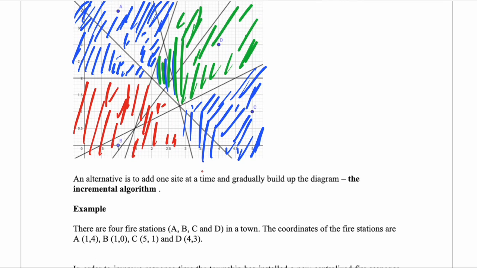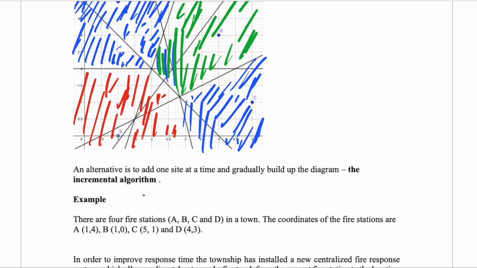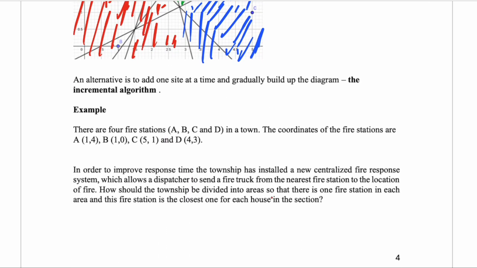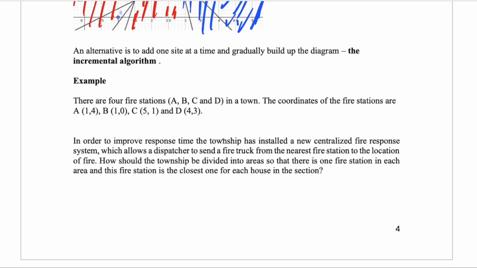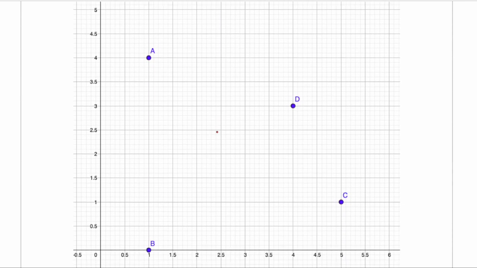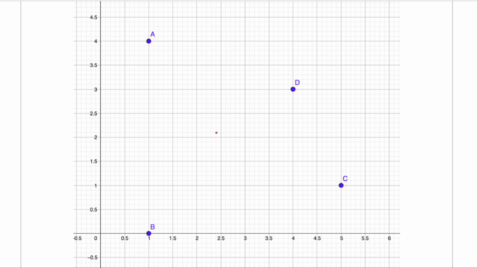Okay, next we're going to look at something called the incremental algorithm. So the instructions are here, but we're basically going to go through the whole procedure. There are 4 sites here, so I'm going to make a Voronoi diagram as if it was like 3 sites, and then add the site D. Okay.